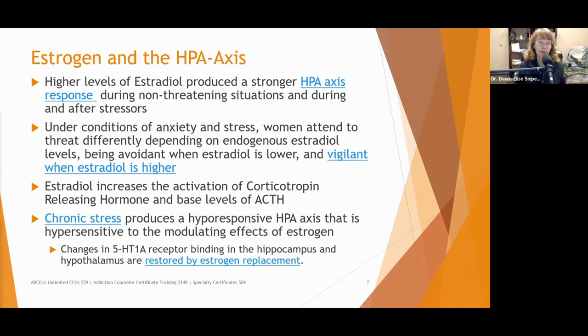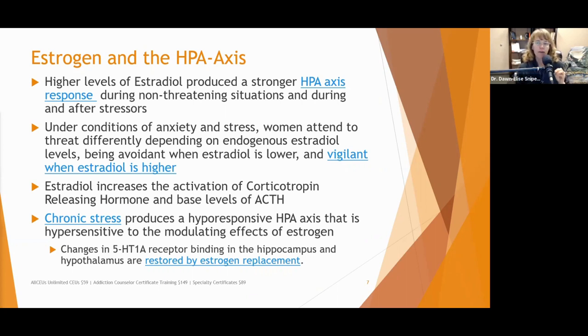So it really has to be an intense stressor to get that boost. So chronic stress produces a hyporesponsive HPA axis, we've called that hypocortisolism, that is hypersensitive to the modulating effects of estrogen. You have an HPA axis that's in reserve mode. It's trying to protect itself, but then when estrogen is introduced, it causes an even more dramatic HPA axis response.